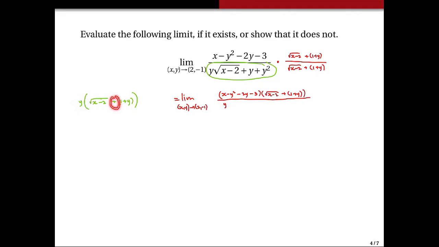Since this is plus, this should be minus. Thank you. So this is minus, and this one here is also minus. Remember, there's a factor y here, and then this multiplied by this expression. Again, difference of two squares. So you will have x - 2 minus the quantity (1 + y) squared. Correct?